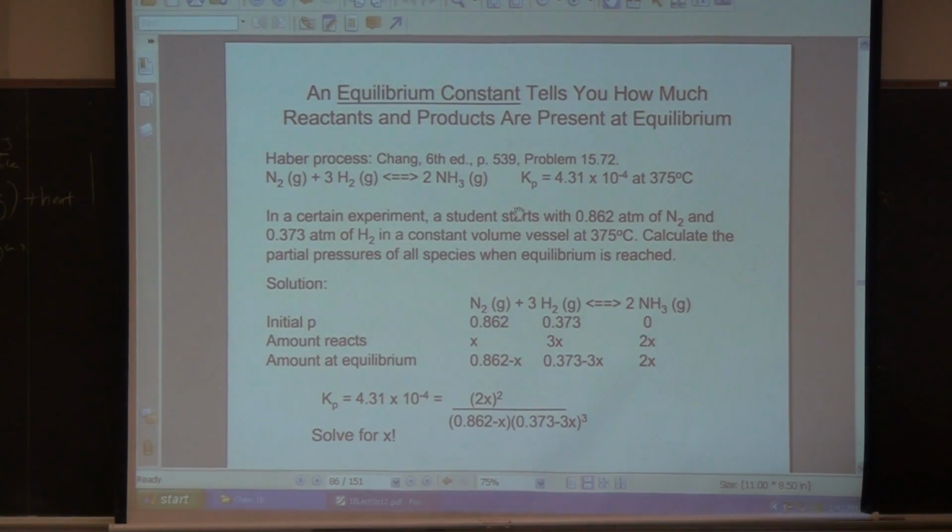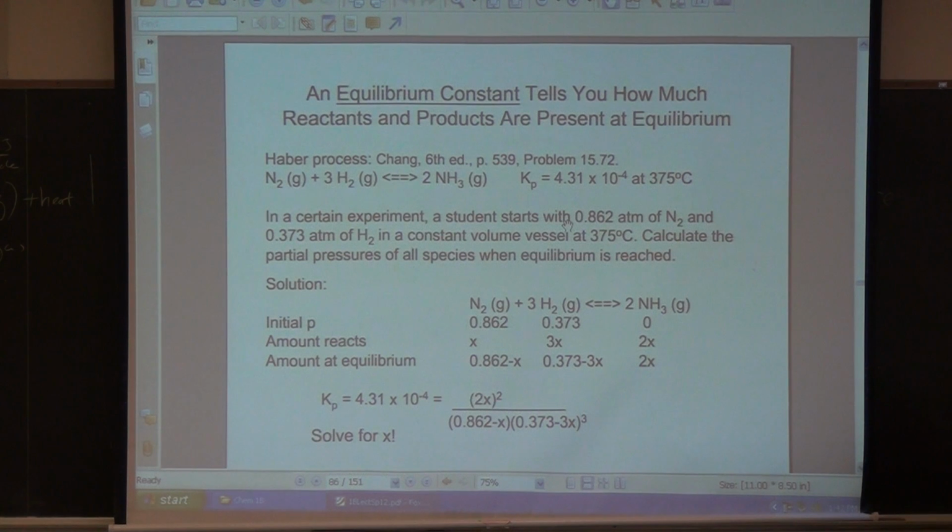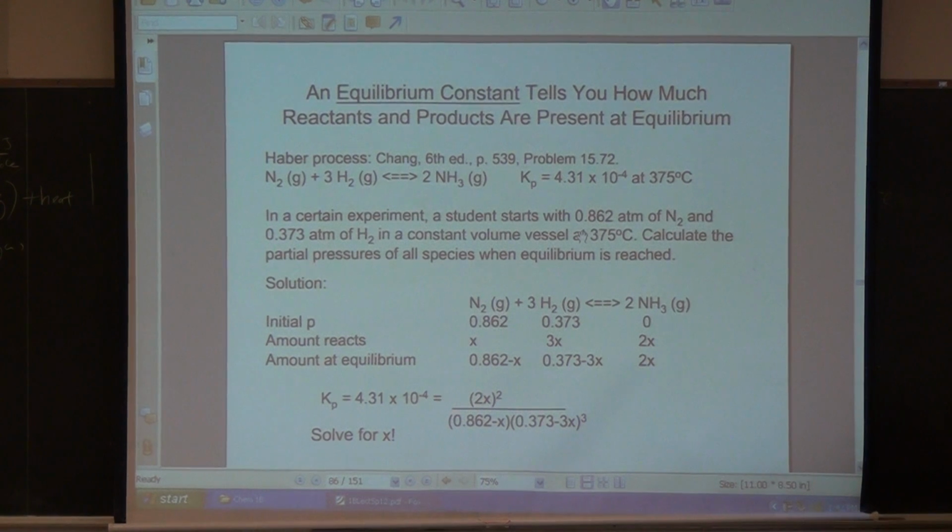It says in a certain experiment, a student starts with 0.862 atmospheres of N2 and 0.373 atmospheres of H2 in a constant volume vessel at 375 degrees. Note that I consider this high temperature, but industrially speaking, this is actually a pretty low temperature. Calculate the partial pressures of all species when the equilibrium is reached.